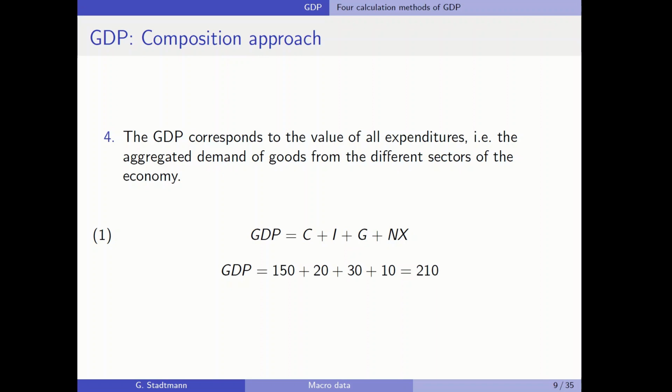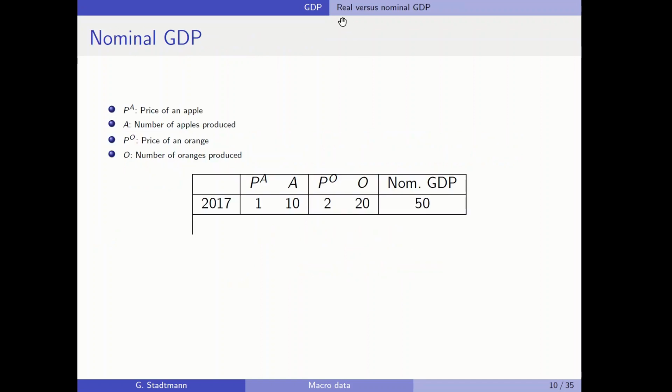A second concept which is really important is real versus nominal GDP. So let's come up with a numerical example to compute nominal GDP and also to compute real GDP. In the textbook, there are always some examples with apples and oranges.